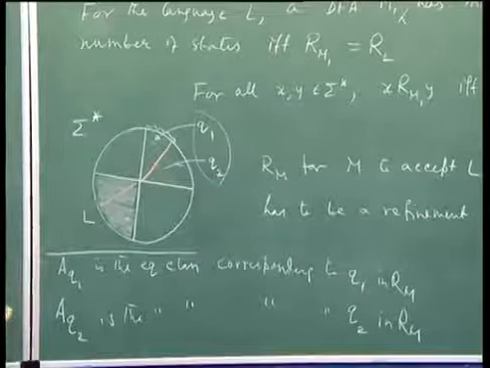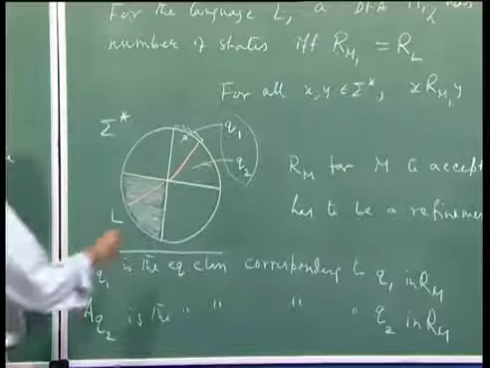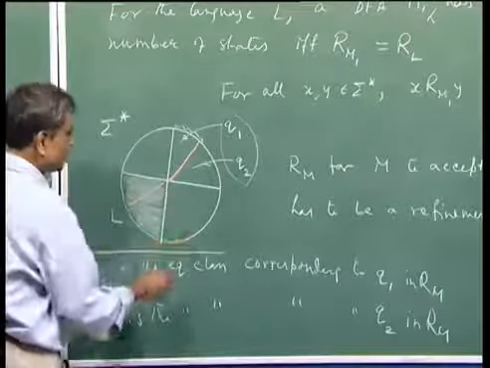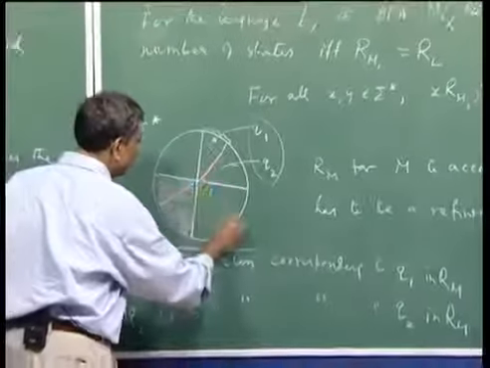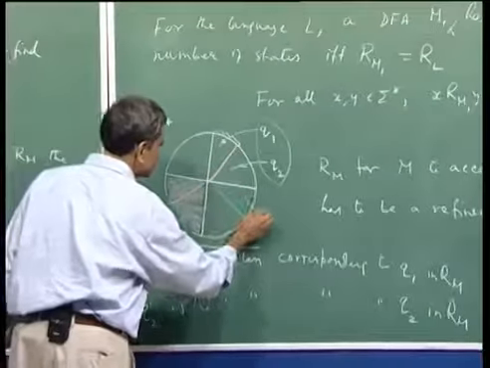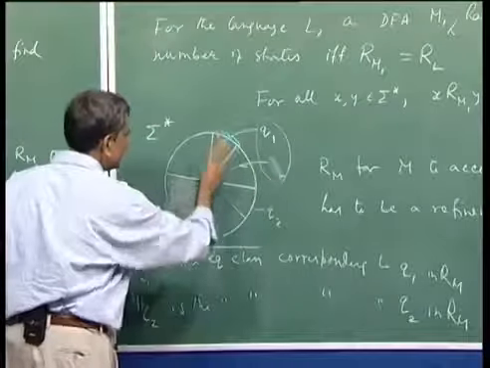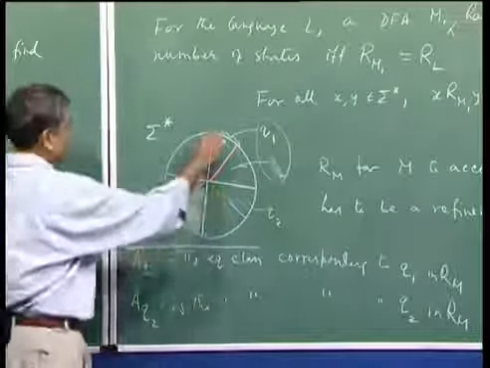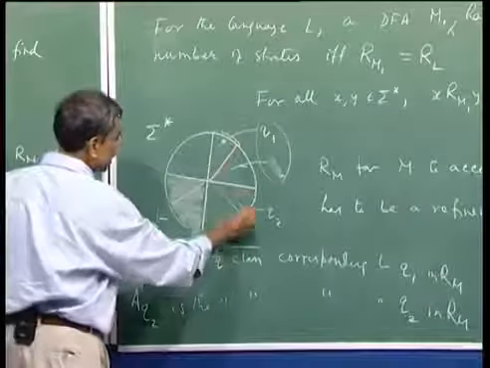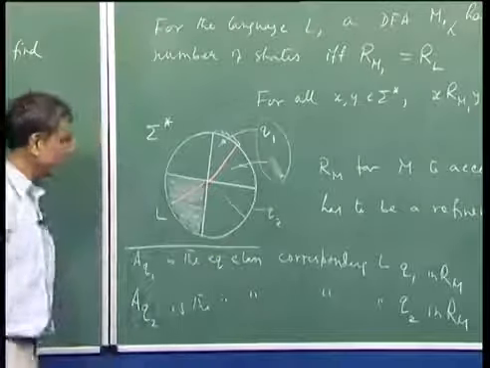When are they not in the same equivalence class of RL? If you take Q1 and Q2 like this, then this is your AQ1 and this is your AQ2, and they are in two different equivalence classes of RL.